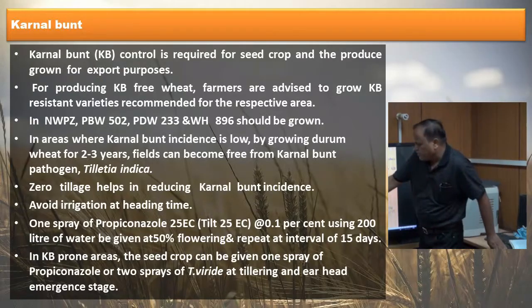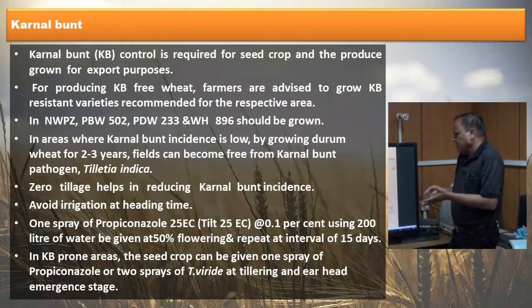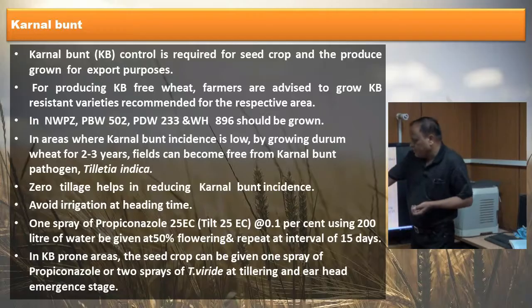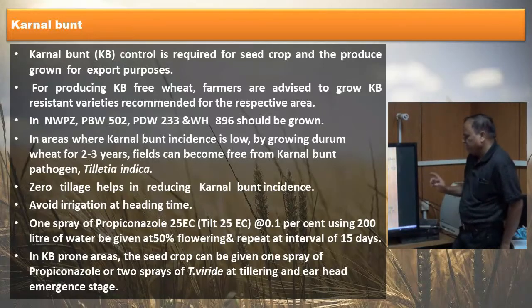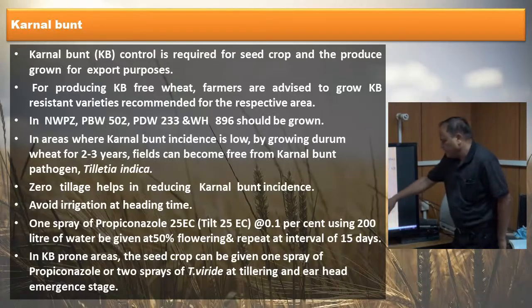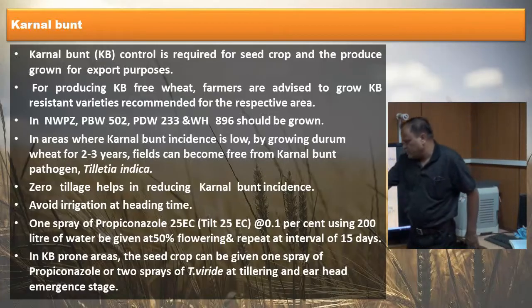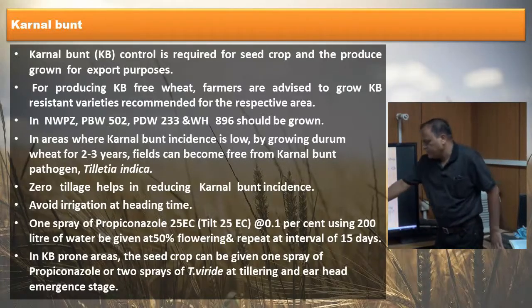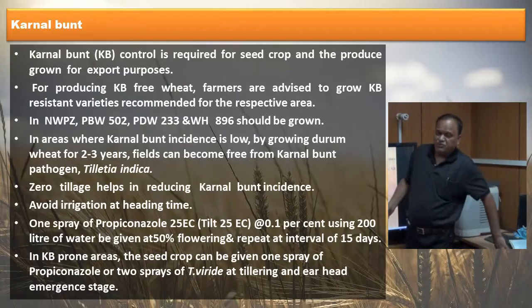In spite of all practices, if kernel bunt is still found in the field, then as a precautionary measure, one spray of propiconazole 25 EC at the rate of 0.1% using 200 liters of water at 50% flowering, repeated at an interval of 15 days.